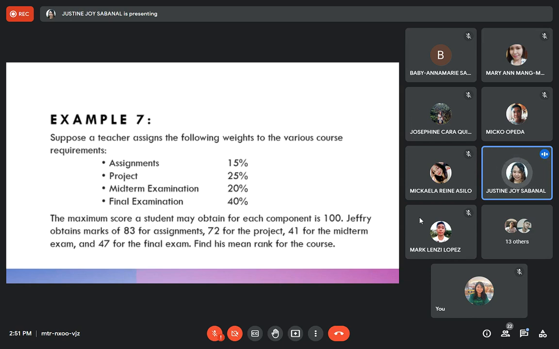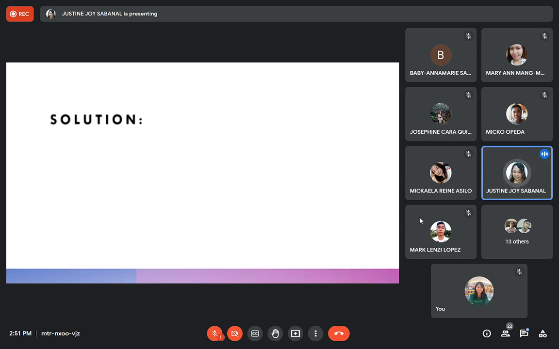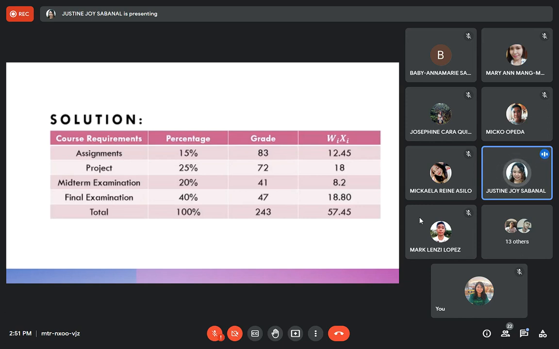Jeffrey obtains a mark of 83 for homework, 72 for project, 41 for the midterm, and 47 for the final exam. Find his mean rank for the course. First identify which is the weight and which is the actual score. The weight here is the percentage, and the grade is the actual score.